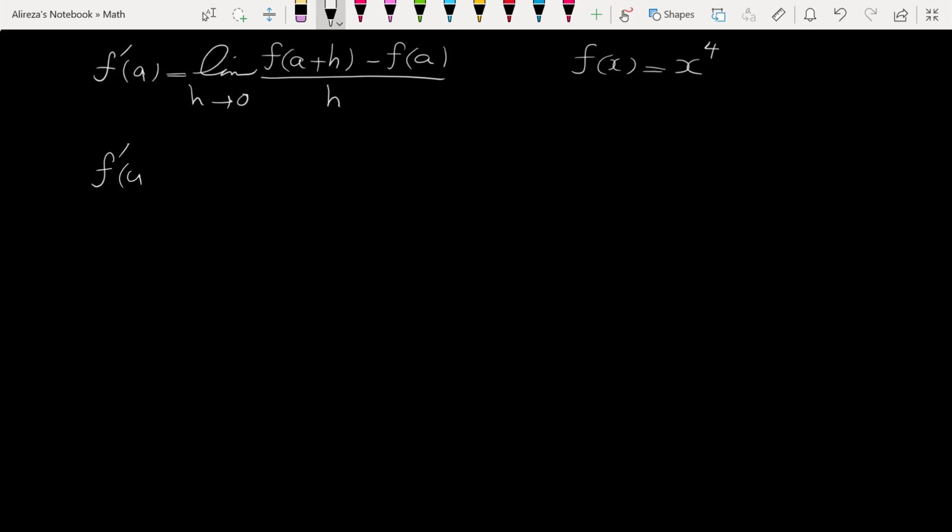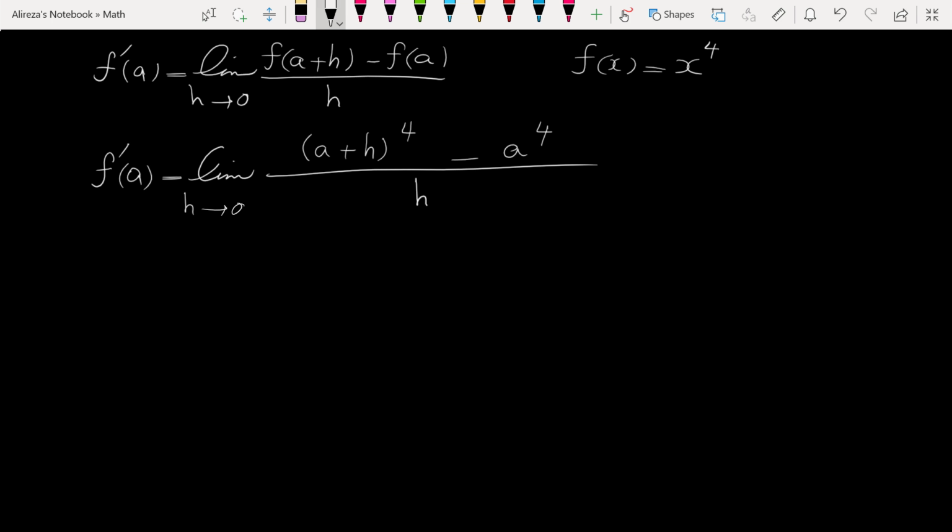F prime of a would be equal to the limit of f of a plus h, which is a plus h to the 4, and f of a is a to the power of 4, as h approaches 0.